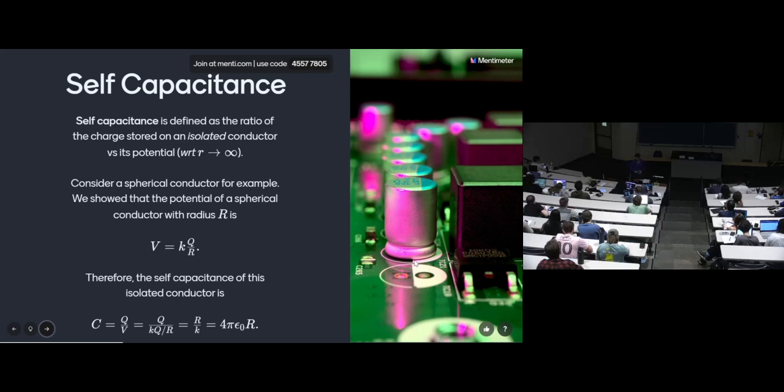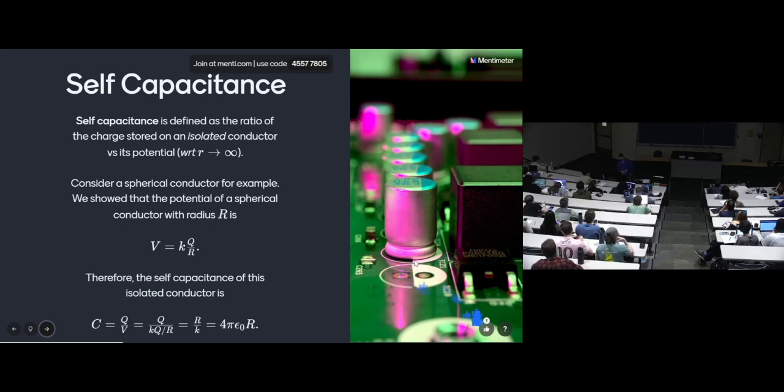Self-capacitance is defined as the ratio of the charge stored on an isolated conductor versus its potential, that is, with respect to infinity. Since it's isolated, it's best to just think of the potential at infinity as 0. So consider a spherical conductor, for example.